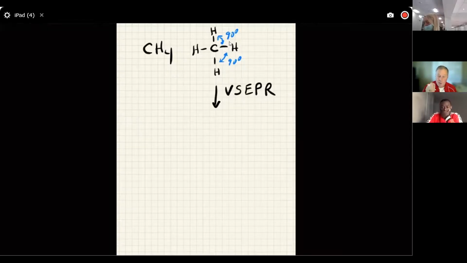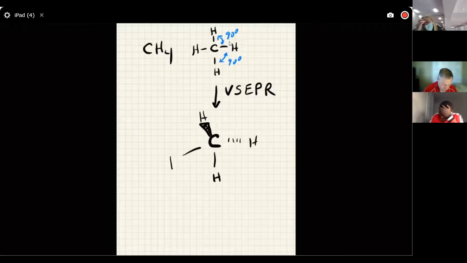Now, a central carbon atom and 4 different electron pairs, if they want to get as far away from each other as possible, this is what it looks like. Oh boy.